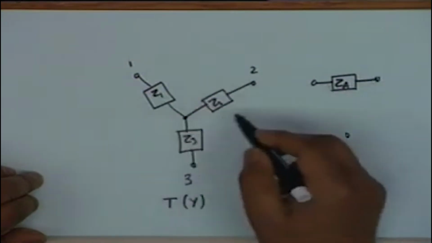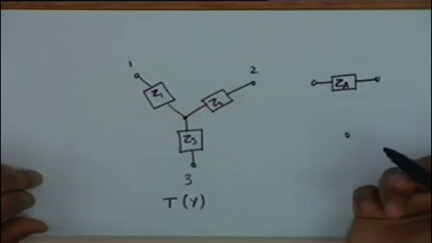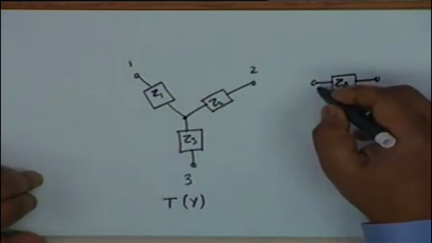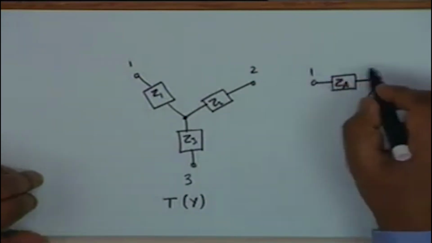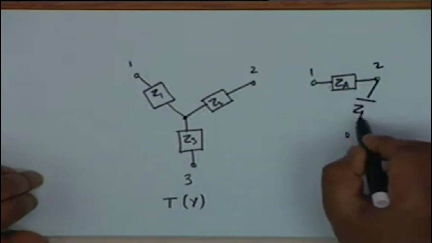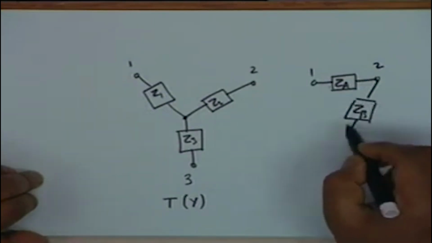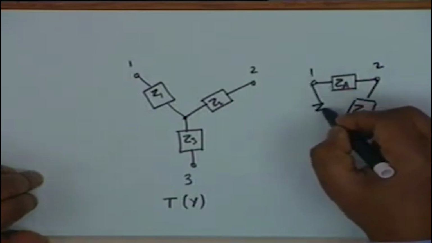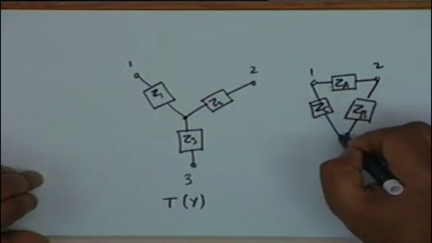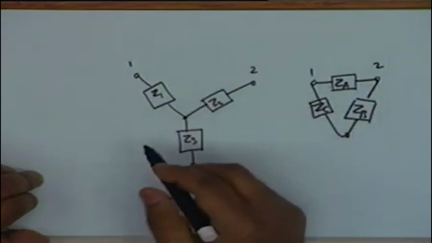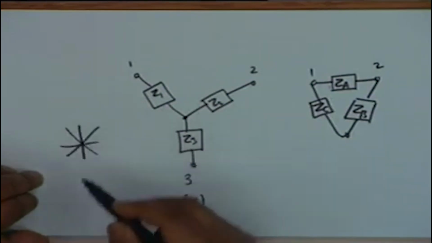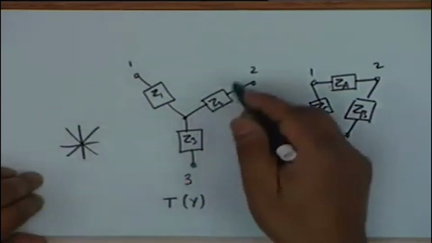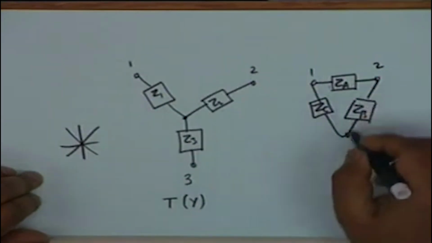I wish to convert this into an equivalent 3-terminal network such that the parameters are ZA, ZB, ZC. Yes, another name for this is star. This also looks like a star, although star has many others. This only 3. All right.